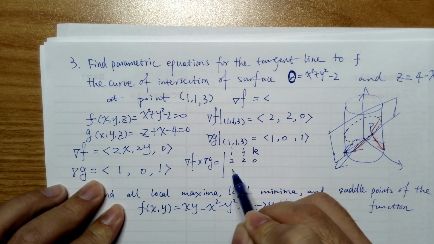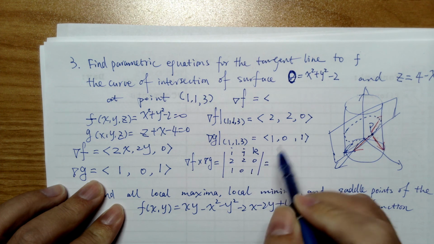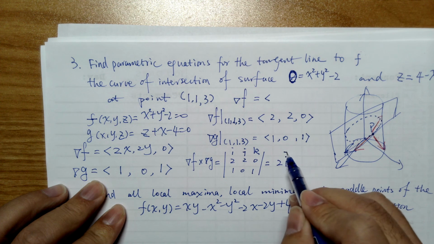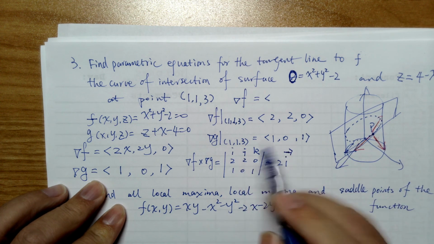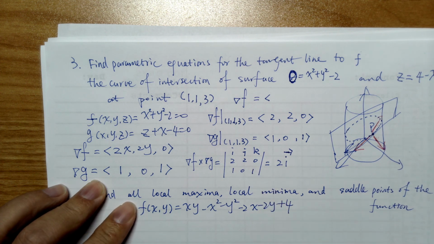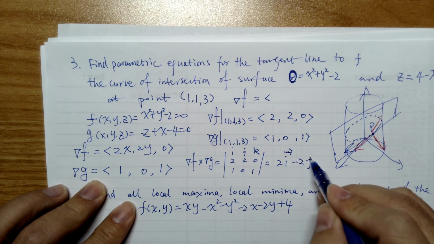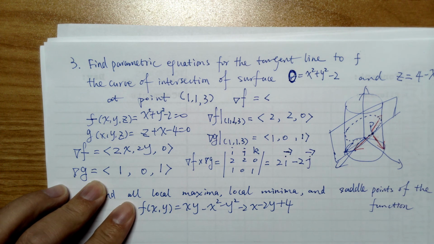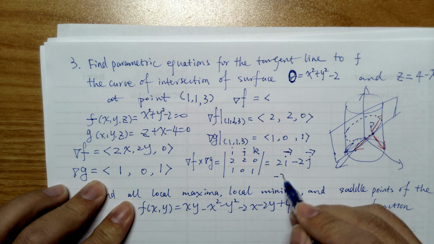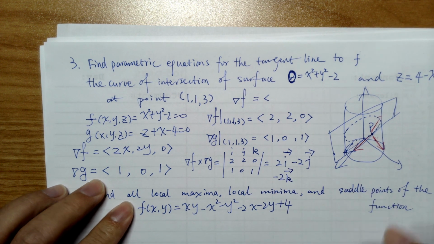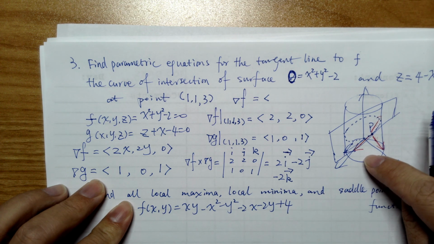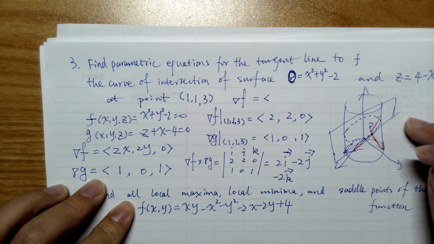So it's (2, 2, 0) crossed with (1, 0, 1). It turns out you're going to have 2i, minus 2j, and then minus 2k. That is the vector that is parallel to this tangent line.